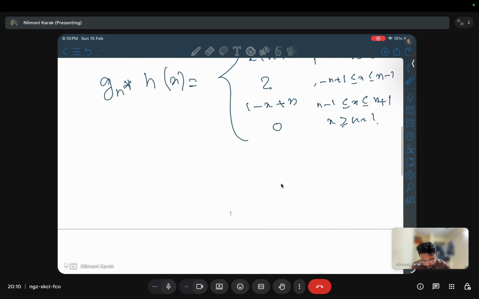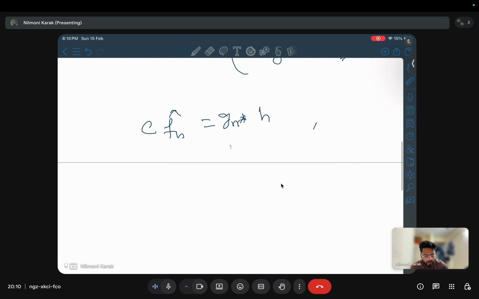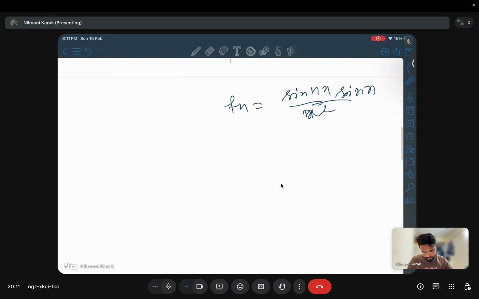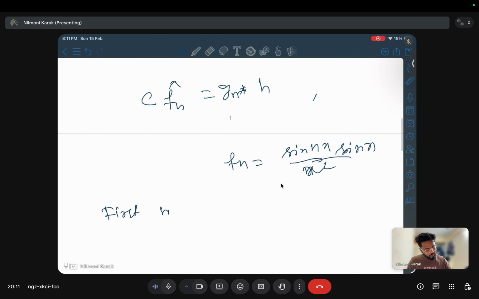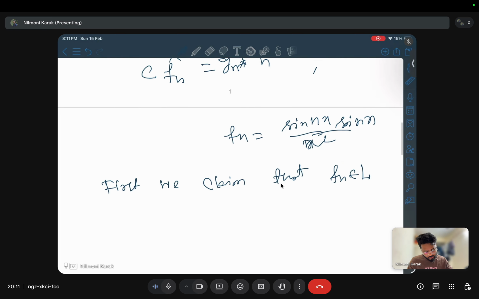So here, some constant times fn hat equals to gn star h, and fn is sin nx by nx times sin x by x, so you can write this. First we claim that each fn is in L1.